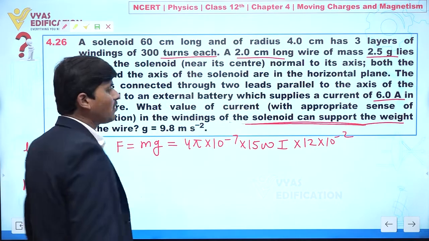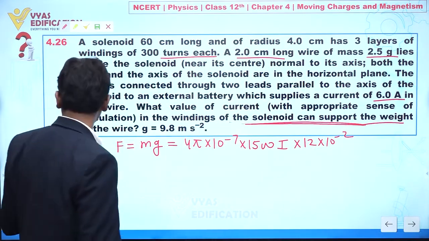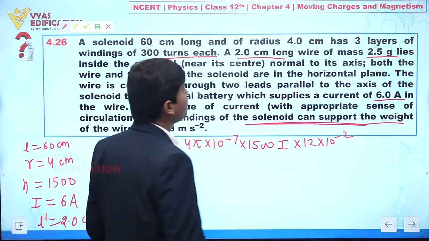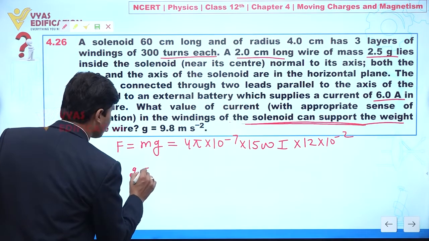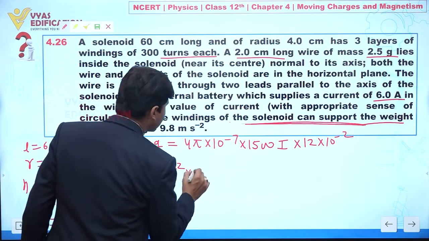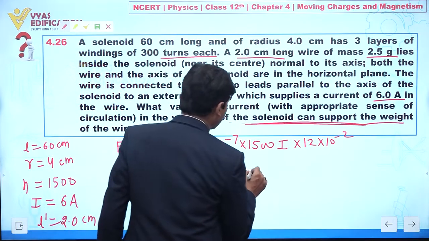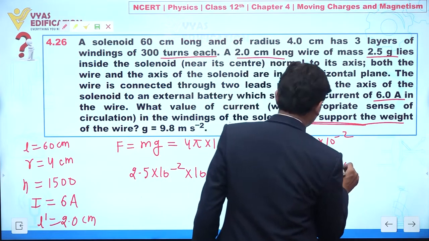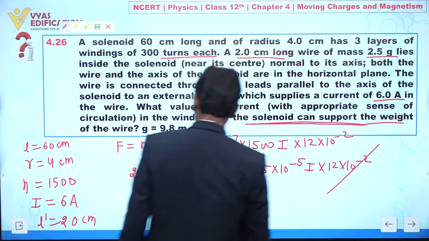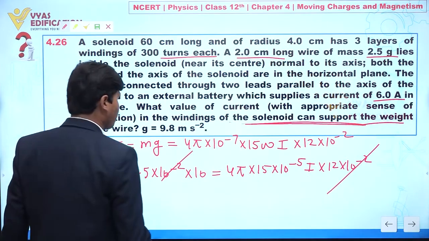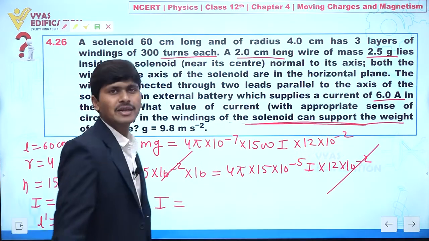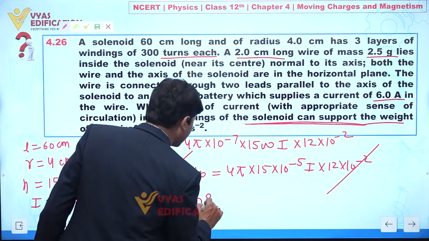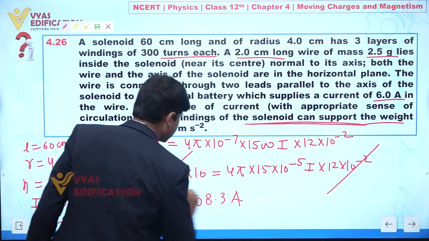Mass is given as 2.5 gram, so I can say 2.5 into 10 to the power minus 2 multiplied with 10, equals 4 pi into 15 into 10 to the power minus 5 into I into 12 into 10 to the power minus 2. We can cancel out common terms. From here we can calculate the value of I, and it comes out to be approximately 108.3 ampere.